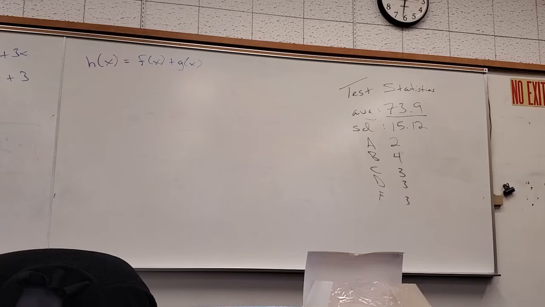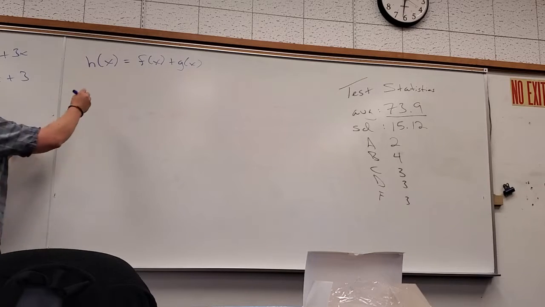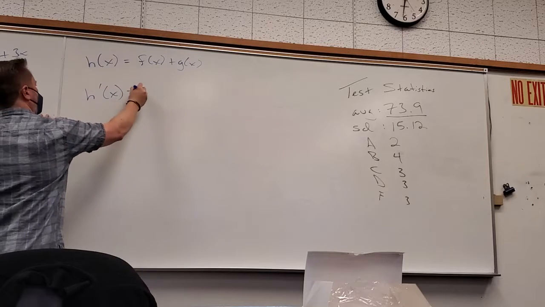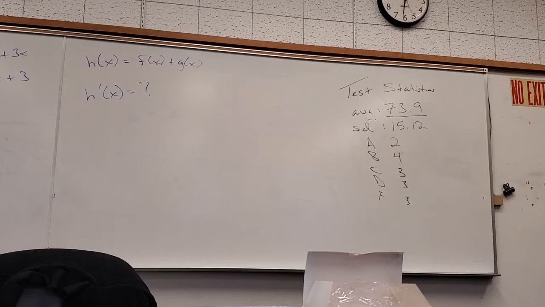So h of x is the sum of two functions, and I want to figure out what h prime of x is. Unfortunately, while we are learning shortcuts, we still have to go back to the limit definition when we encounter something we don't know the shortcut for. We got to use the limit definition to figure out a shortcut.